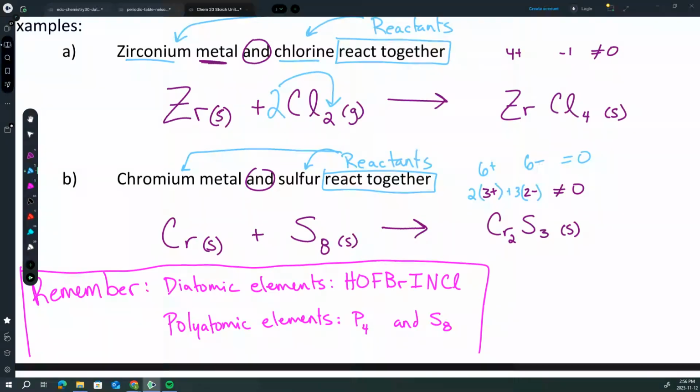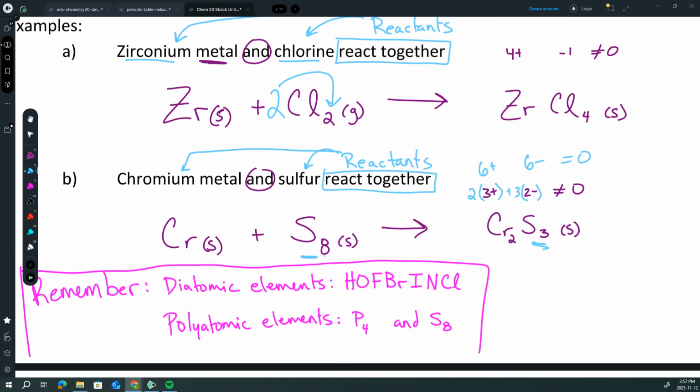So I'm looking at sulfur and I'm thinking that is probably going to be the trickiest thing to balance just because it's got a large subscript number. So I'm going to look at this sulfur and think, what is going to be the lowest common multiple between 8 and 3?